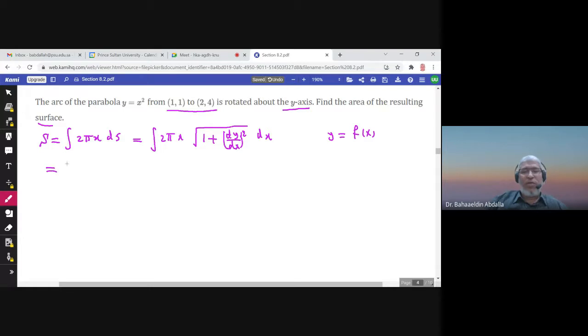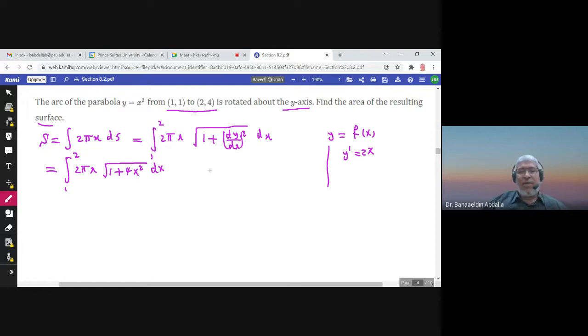So the integral would be from, of course, x from 1 to 2. So the integral from 1 to 2, 2 pi x, and let us find y prime. y prime is 2x, so 1 plus y prime square would be 4x square, dx. And this would be the surface area.